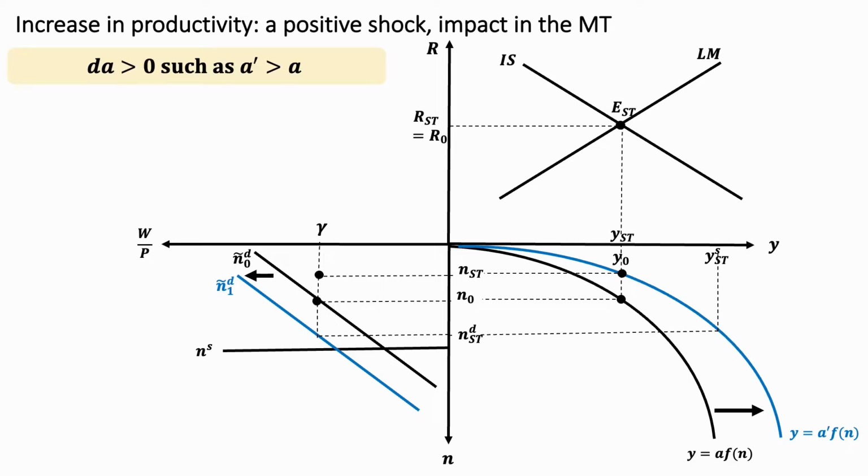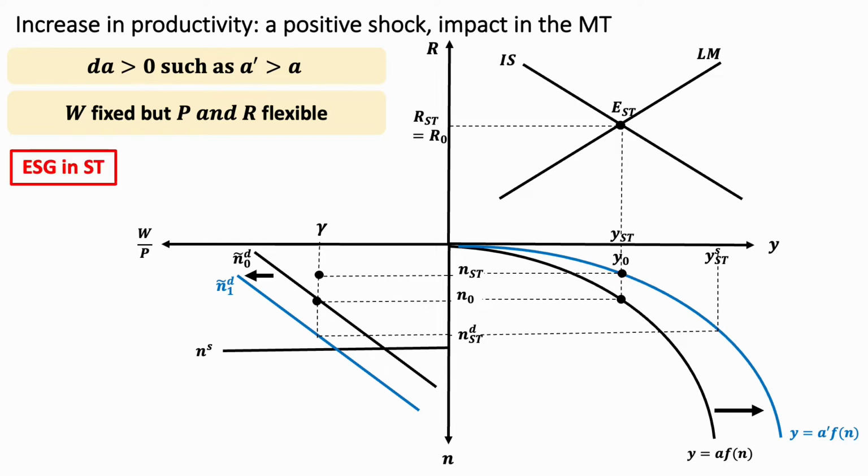In the medium term, prices become flexible while the nominal wage remains fixed. The short-term equilibrium was hiding an excess supply of goods, which will push firms to decrease their prices in order to maximize their profits. The decrease in prices has two effects. One, the supply decreases because the real wage increases.